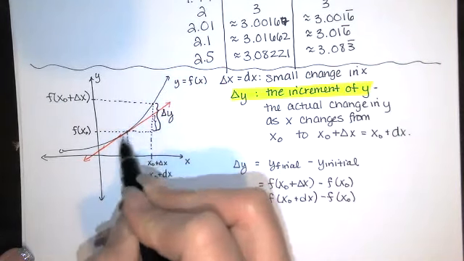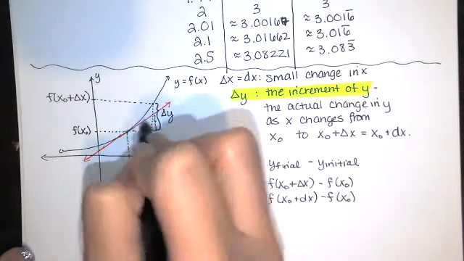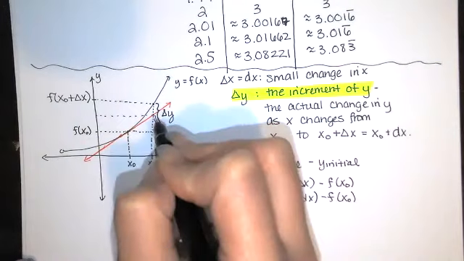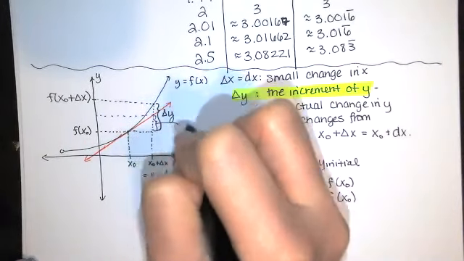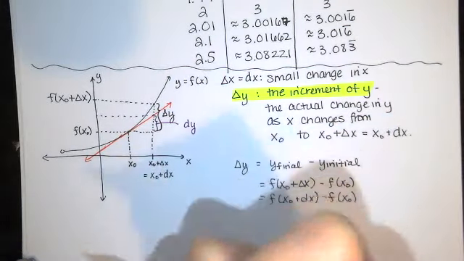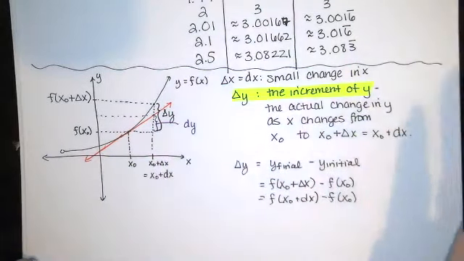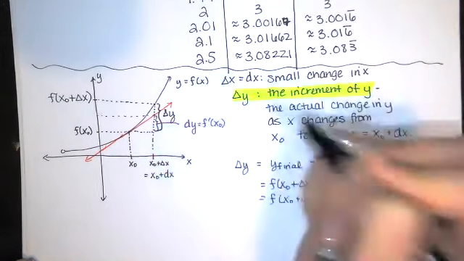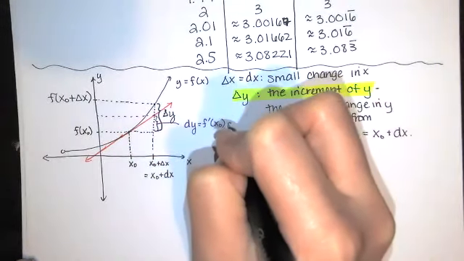It's the difference between this y value and this y value. It's the y value on the tangent line. That is the differential of y, but be careful, it's not just the derivative times dx. It's the differential of y evaluated at x naught.